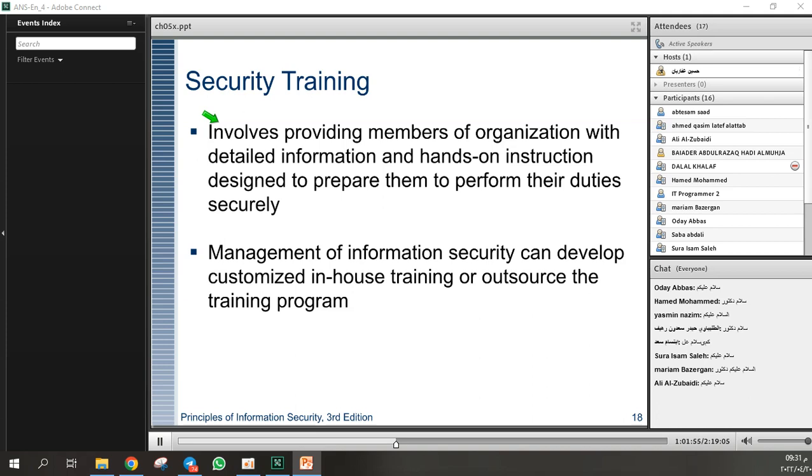How can I react against intrusions? It's a specific period of training. This period is useful only for the IT department, not, for example, the financial department. You know, it's security training.